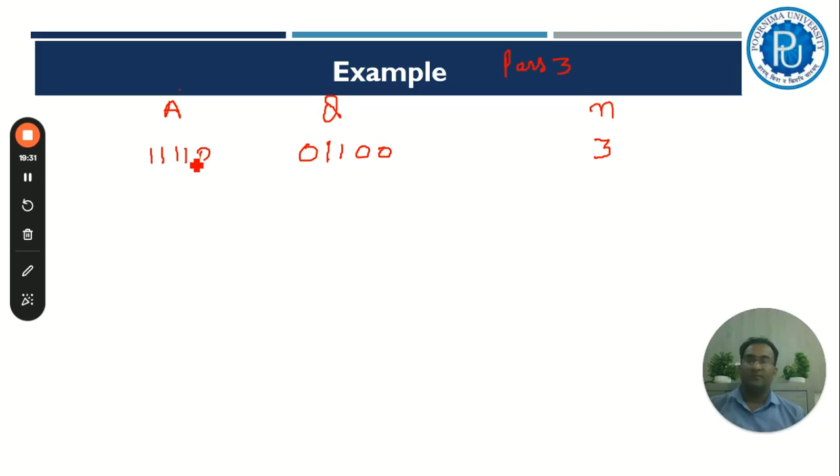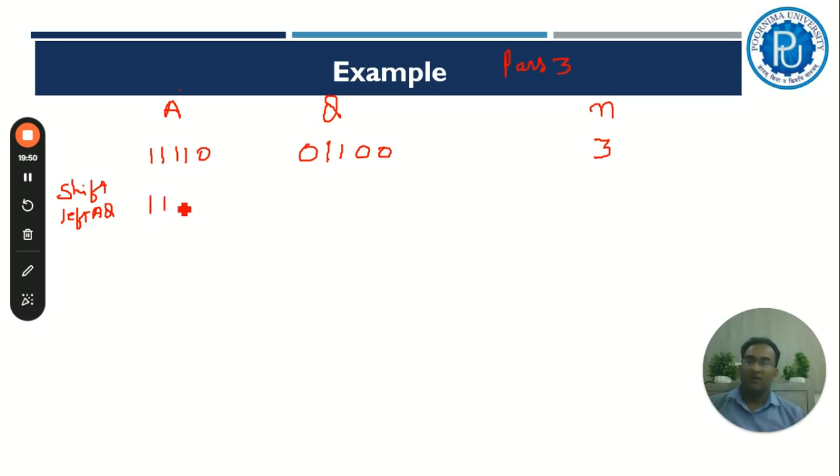Now in pass number 3, the value of accumulator's sign bit is 1, as the MSB of A is 1, so shift left AQ.